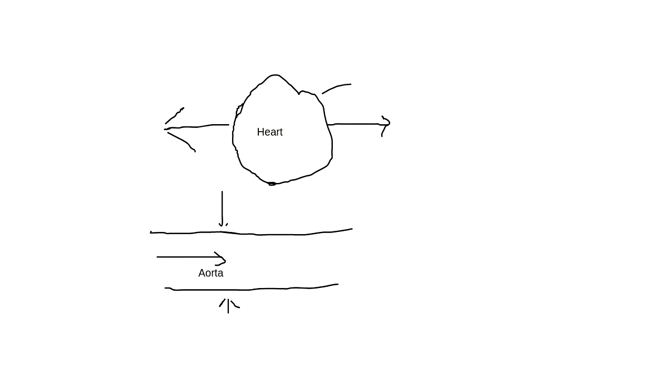So this is your, oops, man, I messed up my drawing. But the top one is your preload pressure. The bottom would be the afterload. So let me recap. The pressure that is created before the ventricle contracts is the preload.